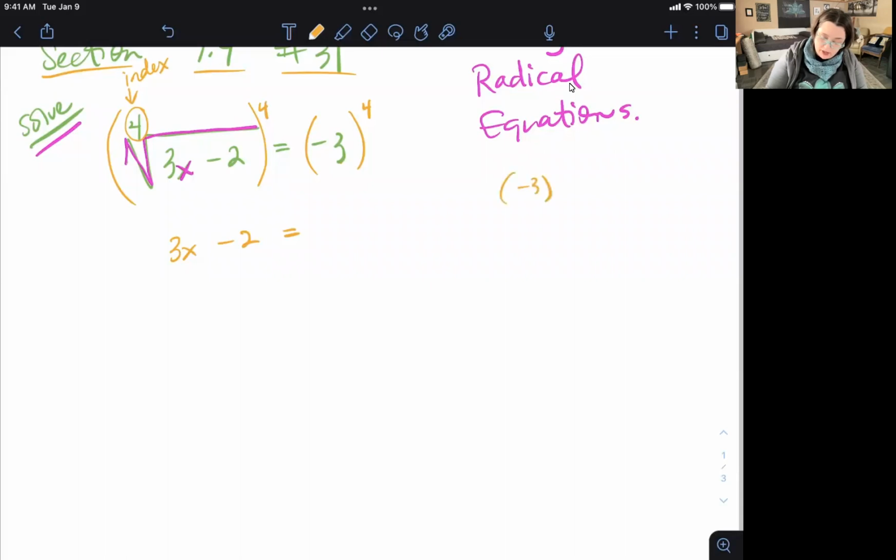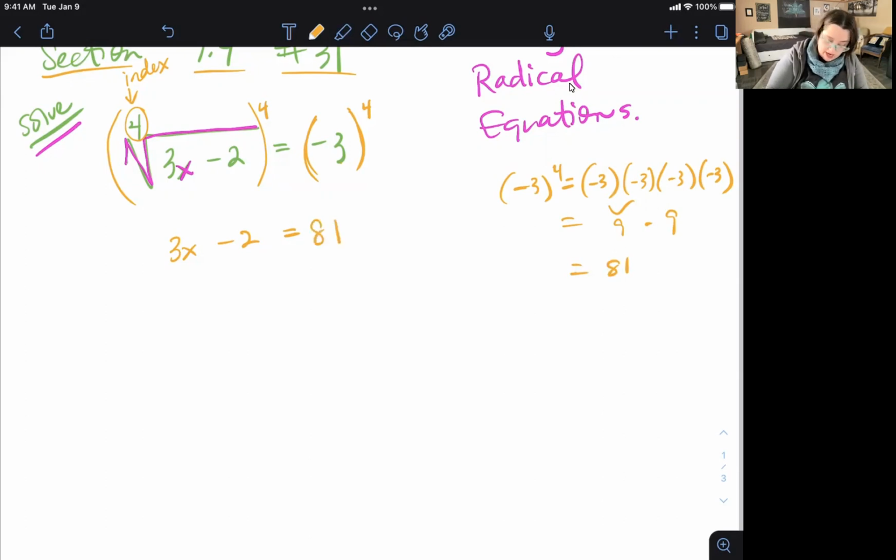Because the negative is inside the parentheses, I'm taking the fourth power of that whole side. It's going to be negative 3 times itself 4 times. And so this gives us 9 times 9, which is 81. And so that's a positive 81.